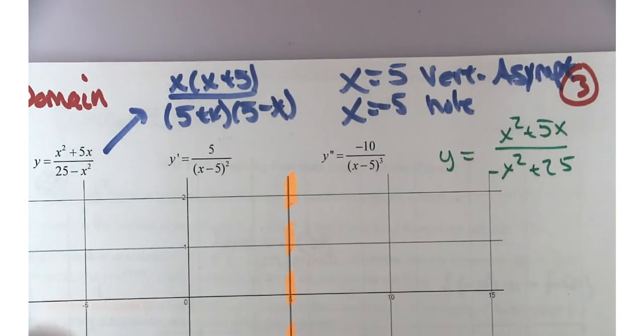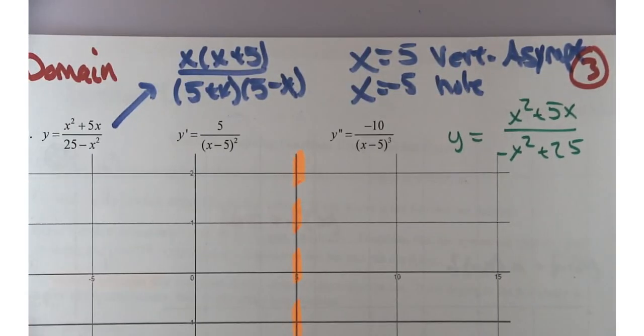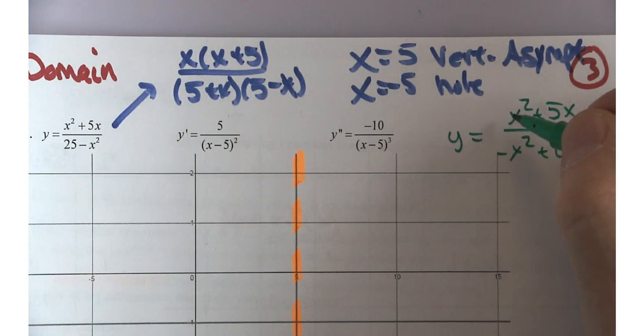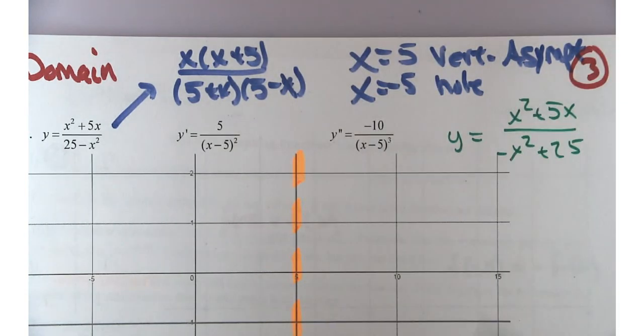So I just turned around the denominator, but what I want to highlight is the fact that these two are the same degree, so it's the leading coefficients that are going to tell me what the horizontal asymptote is. It's the ratio of those two.